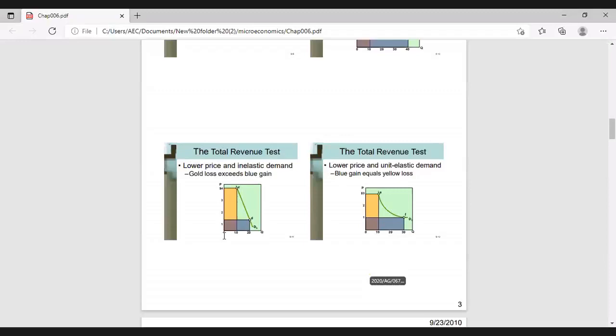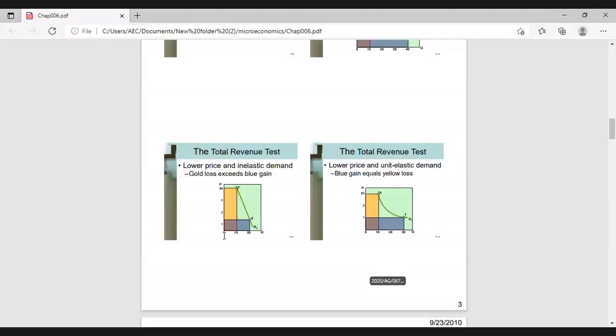Even with a large price increase, their response is less. From the change in total revenue we can identify the demand for this product.